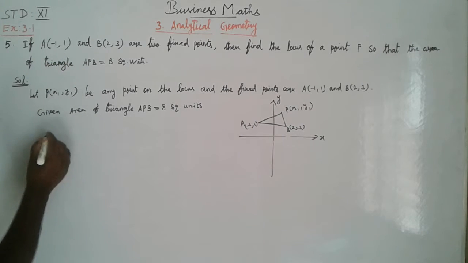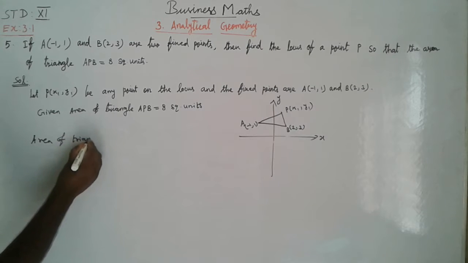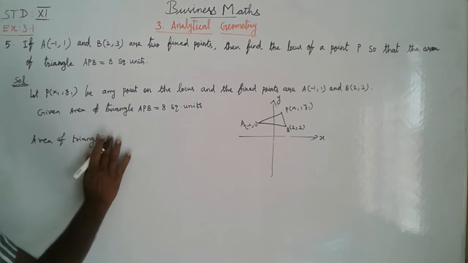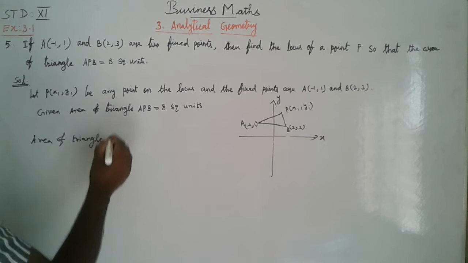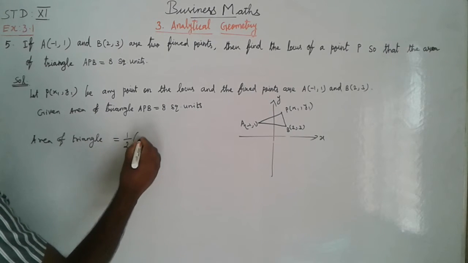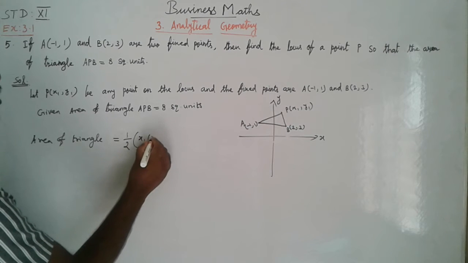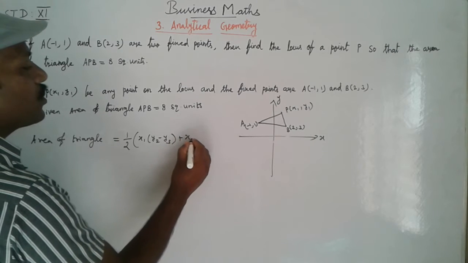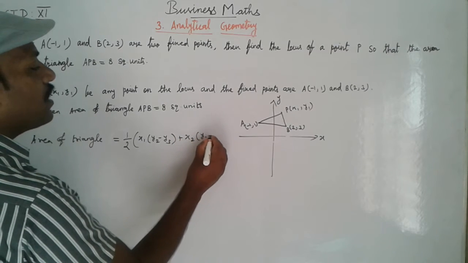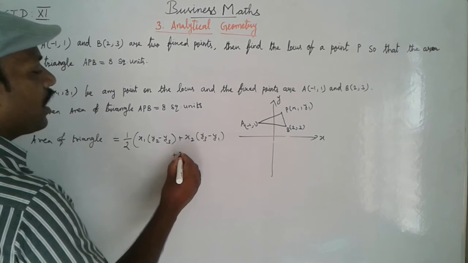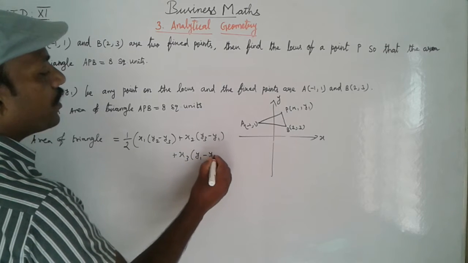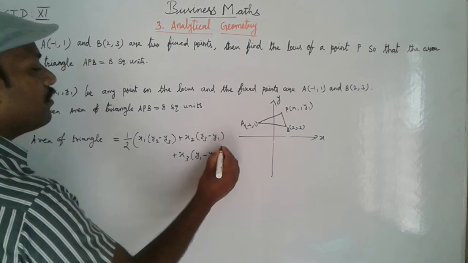Okay. So area of triangle. What is the formula? Area of triangle equals, we know that, 1 by 2 into x1 into (y2 minus y3) plus x2 into (y3 minus y1) plus x3 into (y1 minus y2) is the formula.